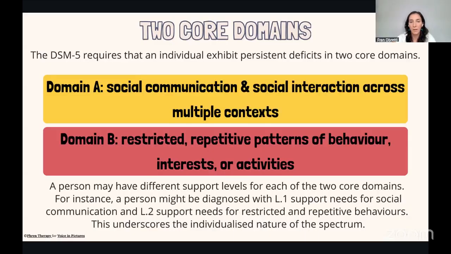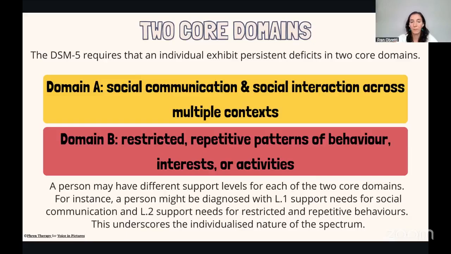The DSM-5 requires that a person exhibit persistent impairments in two core domains to then be diagnosed with autism. Domain A and domain B. Domain A is related to social communication and social interaction across multiple environments. Domain B is about behavior, repetitive patterns of behavior, restricted interests and activities.